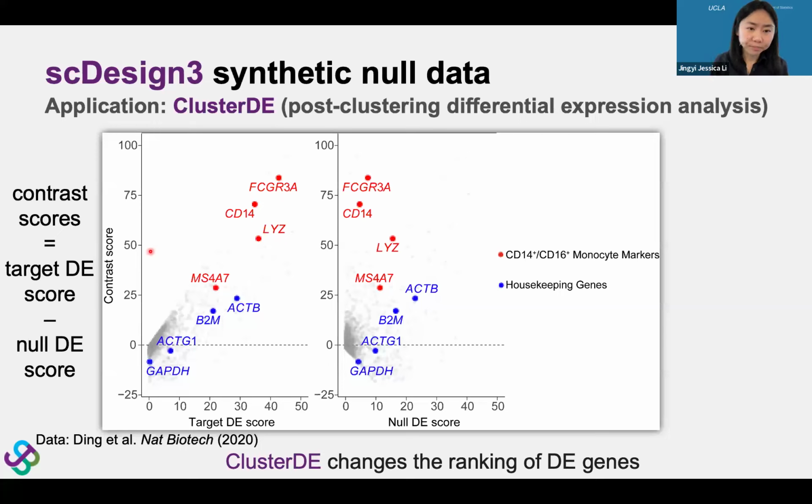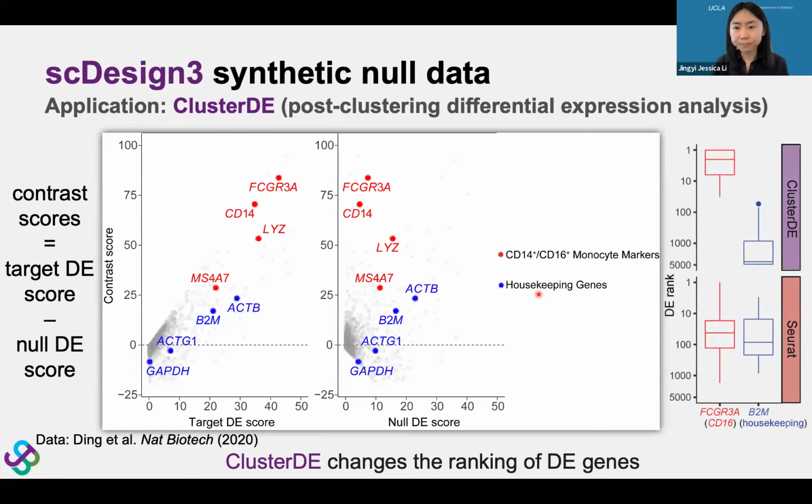But by doing our contrast, we can show, using the y-axis, the contrast score, that the two sets are better separated. The reason is that those housekeeping genes, even though they have unimodal distributions, have large variance. That's why they will be involved in dividing cells into clusters, and because they're involved, they will be found as DE genes. That's just the rationale or intuition.